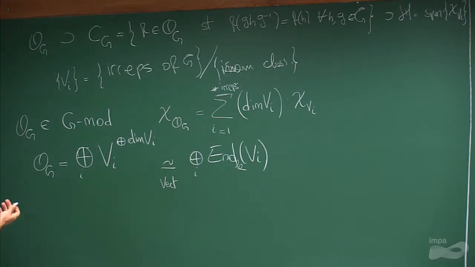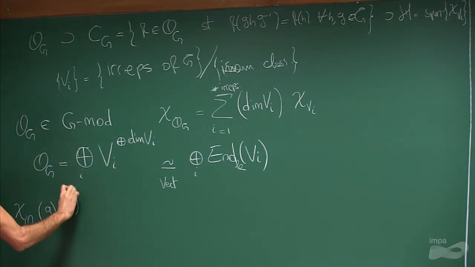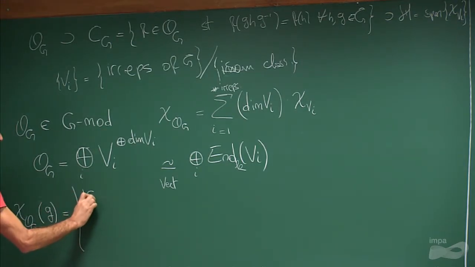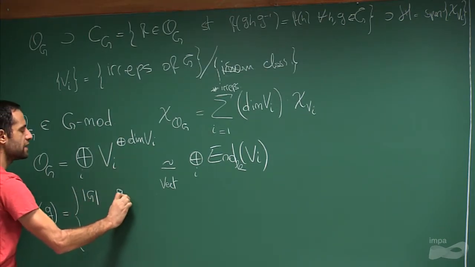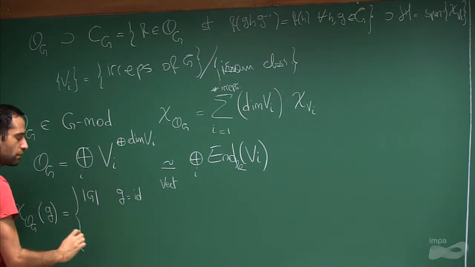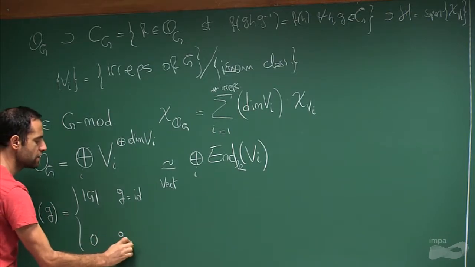The second thing is we should notice the following. What we get from this is we know what the character of O_G is; we computed it explicitly for each element g in the group. It is equal to the order of G if g is the identity, and 0 if g is not the identity.